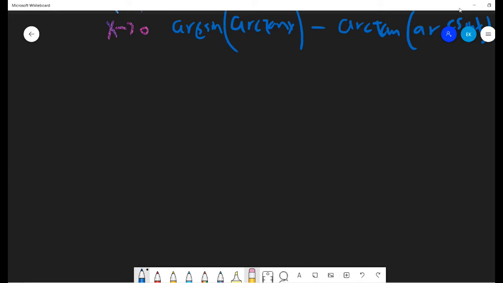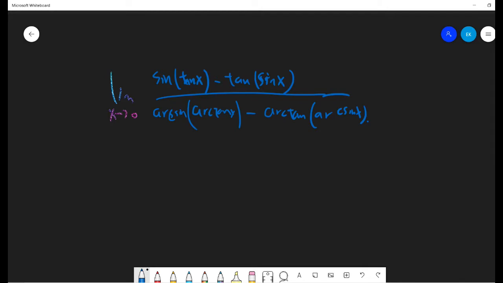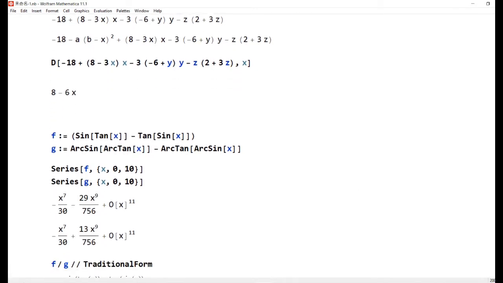Okay, however, you see if I plug in x equals 0, sine 0 and tangent 0 are 0, so I will find the numerator is 0 and the denominator is 0. So I need to do the differentiation. Okay, so I use Mathematica.